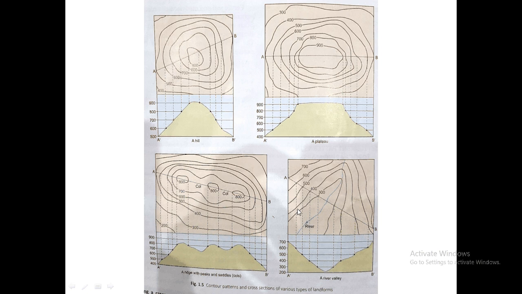We have already studied all these three contours, and this is the contour for the river valley. You can see this is in V shape, and the river is flowing from this to this direction.